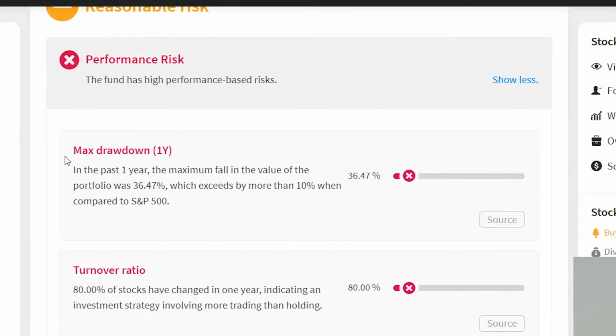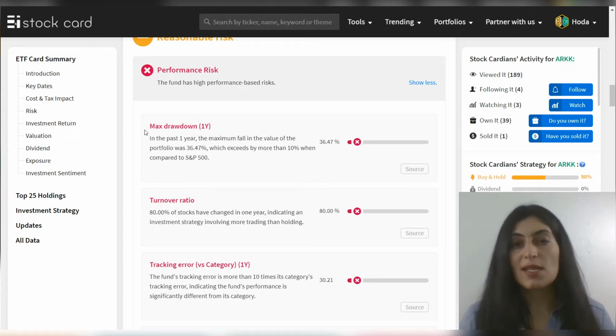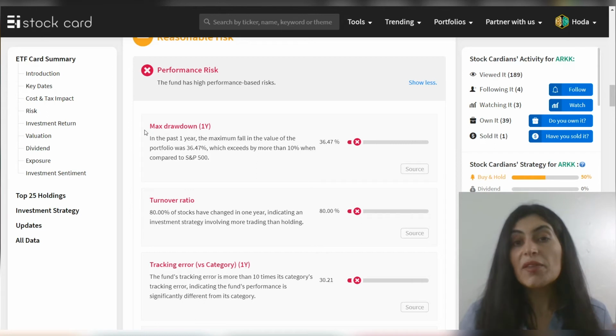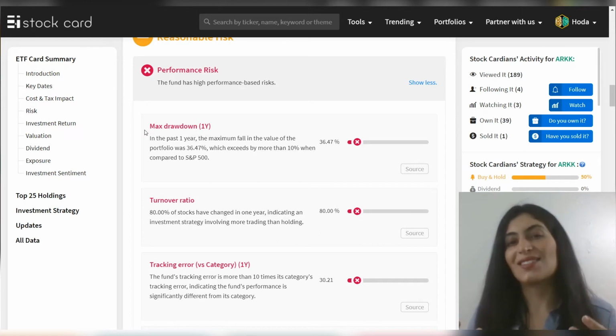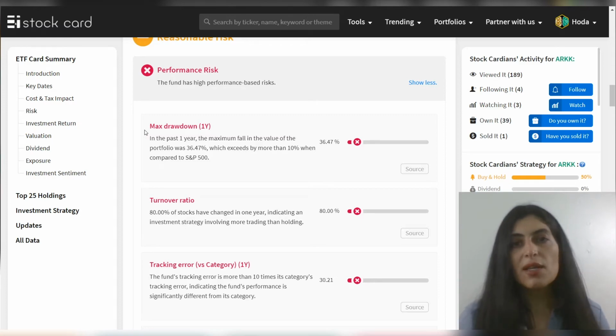And as you know, we always compare things that we invest in to the S&P 500, because buying the S&P is one of the easiest things you could do, sit on your hands and just buy S&P, and that's a perfectly normal and good strategy. So we always compare things to the S&P, because if you want to do a little bit more and research and pick your stocks and ETFs, you want to know whether this is beating the S&P or not, or how you're deviating from its performance.